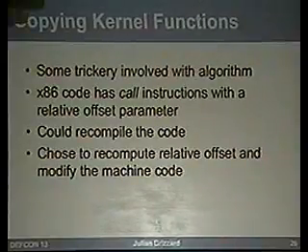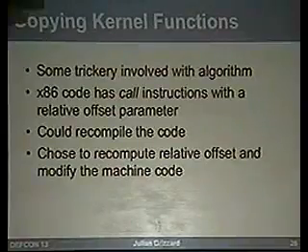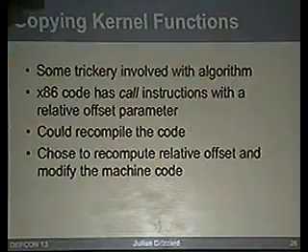You adjust the relative offset based on where it's placed in memory, because you allocate dynamic memory for it, and you compare that to where it was originally in memory, and you just subtract the difference. Of course, it's a little bit more confusing with the way the Intel architecture works, but that's the gist of it.